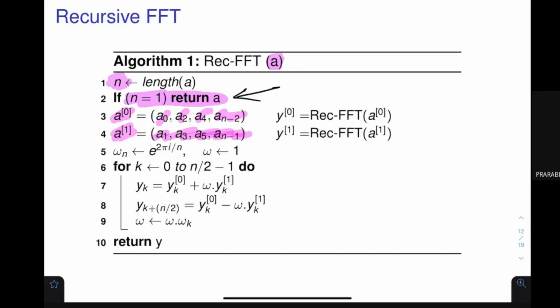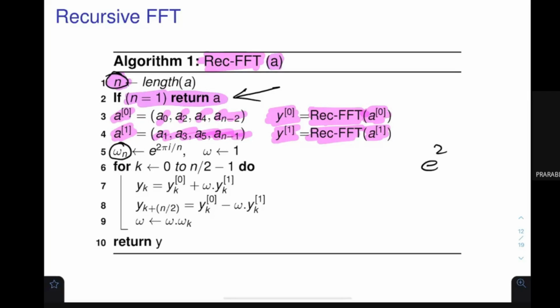Then you apply the same methodology here, that recursively find out the FFT of a0, and whatever value you get, you call y0, and recursively apply the FFT on a1, and you call that y1.